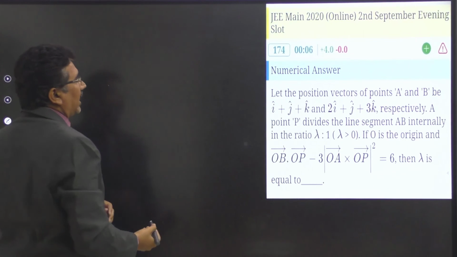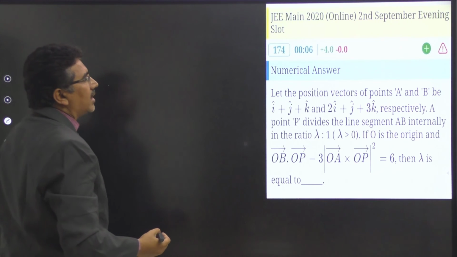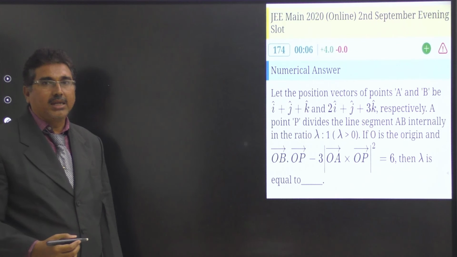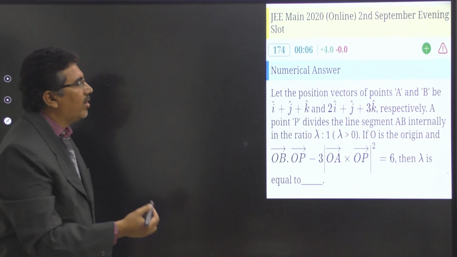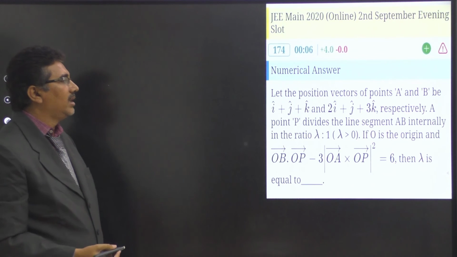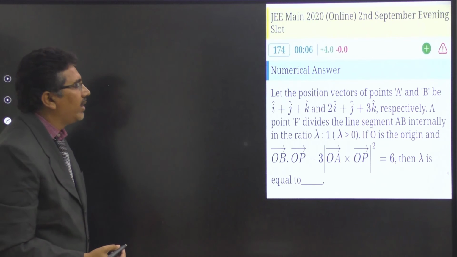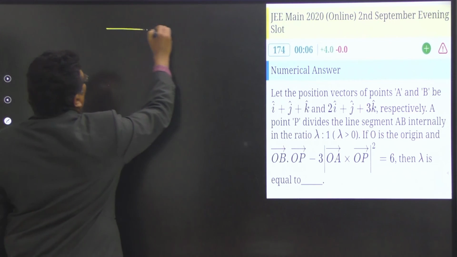Now let us see another one. Let the position vectors of points A and B be OA bar and OB bar respectively. P divides the line segment AB internally in the ratio lambda is to 1.